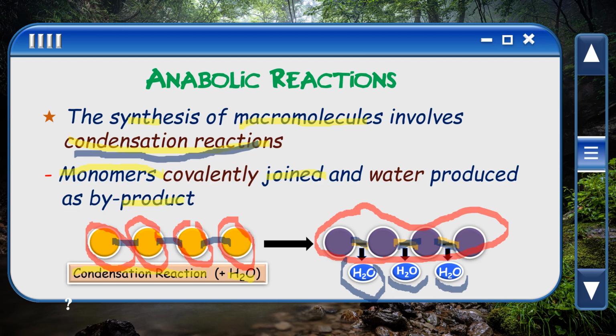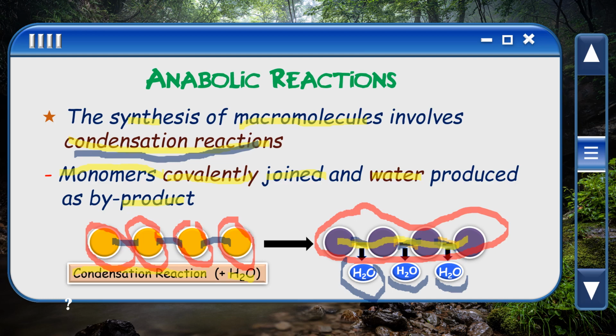Now, when a monomer and a monomer are joined together, they form what we call a covalent bond. And for that covalent bond to be formed, we have to release a water molecule. And when we release a water molecule, then a bond will be formed. And when a bond is formed, we form products that we are calling the macromolecule.